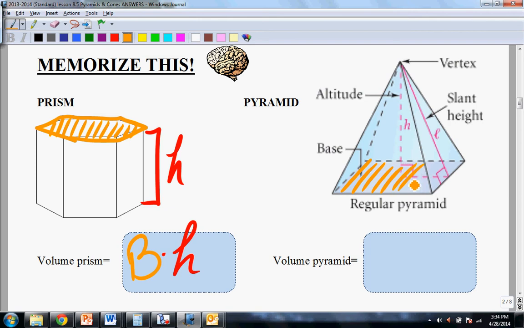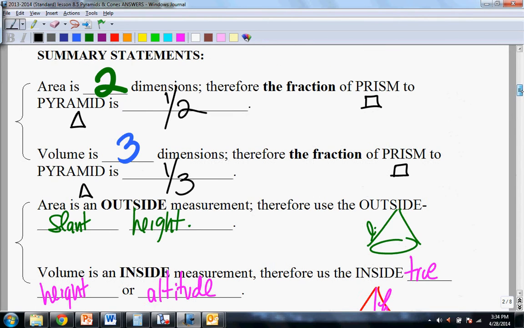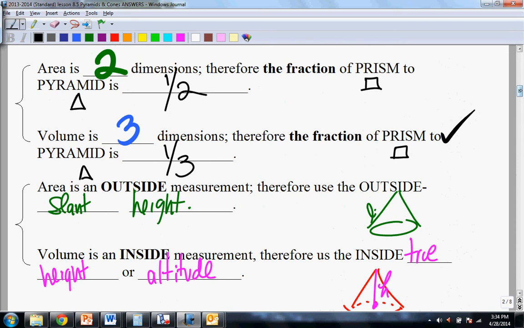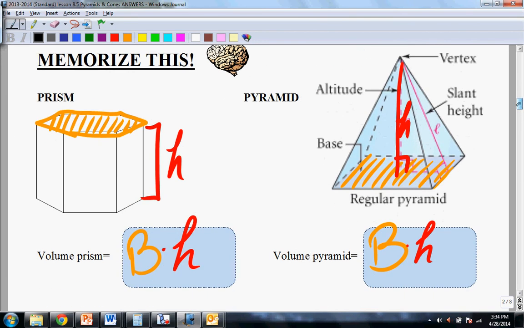In a pyramid, we start with the same thing, area of the base times the true height, but volume is 3 dimensions. Therefore, the fraction from a prism to a pyramid is 1/3, so you have to divide that volume by 3. Notice, we lose volume because here we have 2 bases, and here we only have 1 base and a vertex.